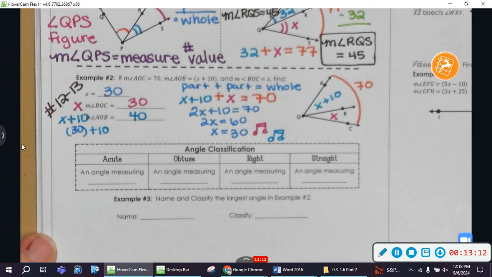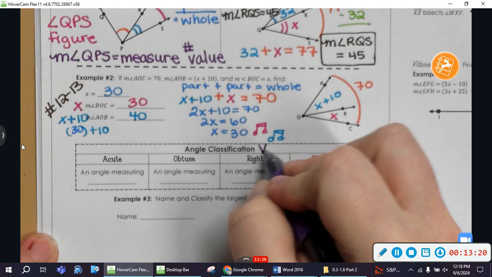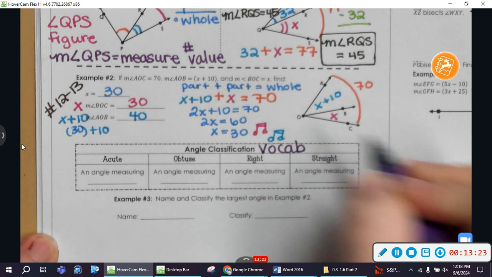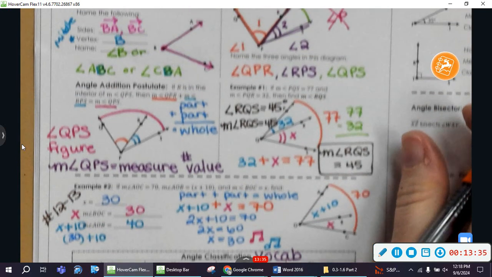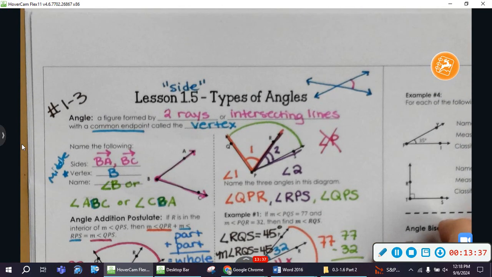Now at the bottom, we are classifying angles. So when you classify an angle, this is asking for the vocab. All right? On your quiz next class and your homework and your test, you will be asked to name an angle and to classify.